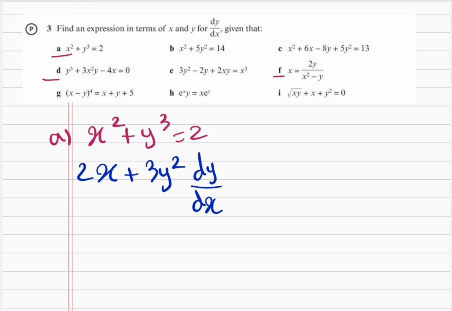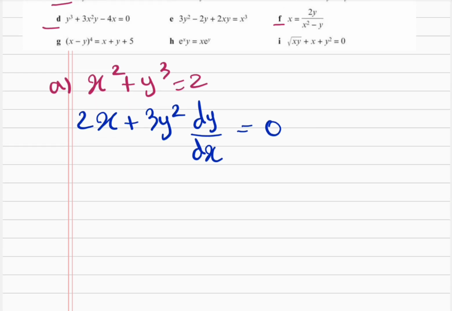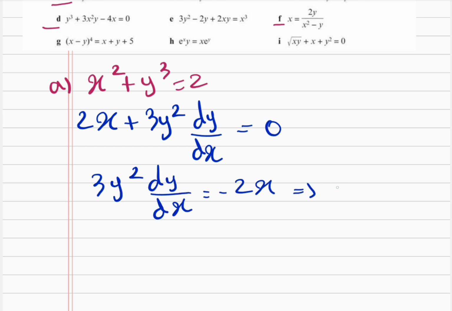That's the only difference. And 2 differentiates to 0. The rest is just simple rearranging, because we want dy/dx in terms of x and y. So 3y squared dy/dx is equal to minus 2x, and dividing everything by 3y squared, we get minus 2x over 3y squared.